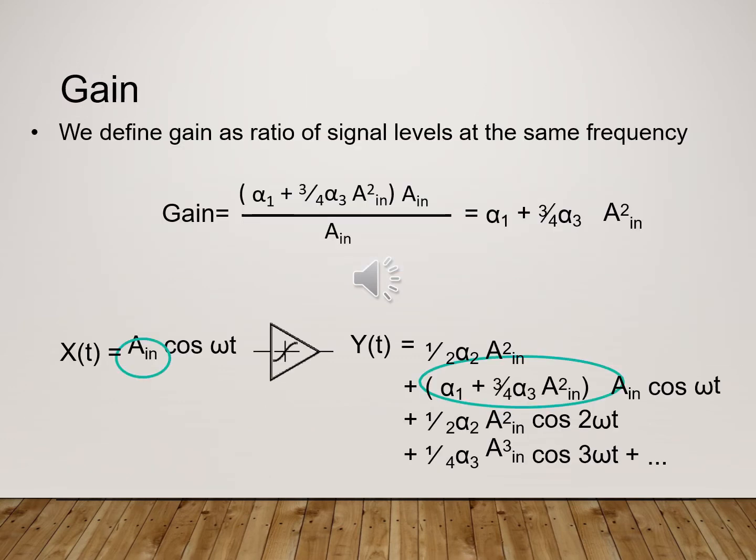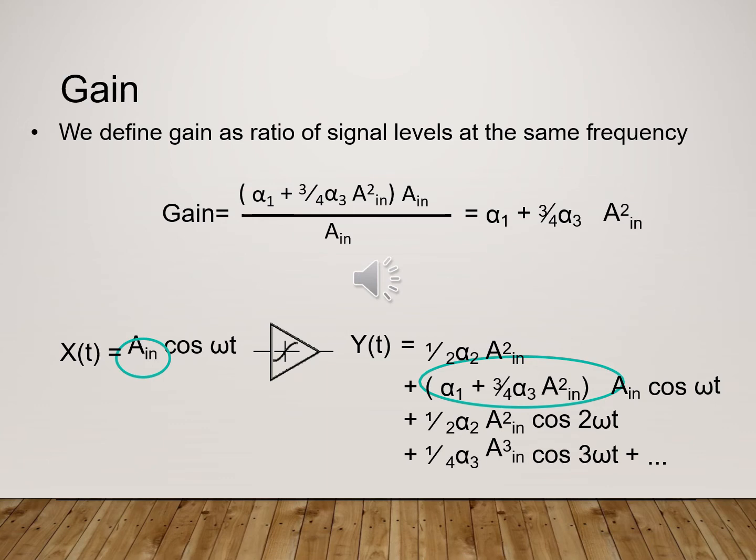We define the gain as the ratio of signal levels at the same frequency. So we have the gain as V output over V input, but consider the V output amplitude at the same frequency as the input. So it is alpha 1 plus 3 over 4 alpha 3 A squared, multiplied by A, over A. It gives us a gain of alpha 1 plus 3 over 4 alpha 3 A squared.